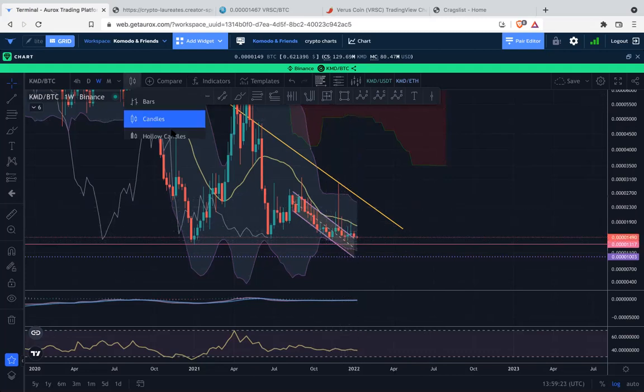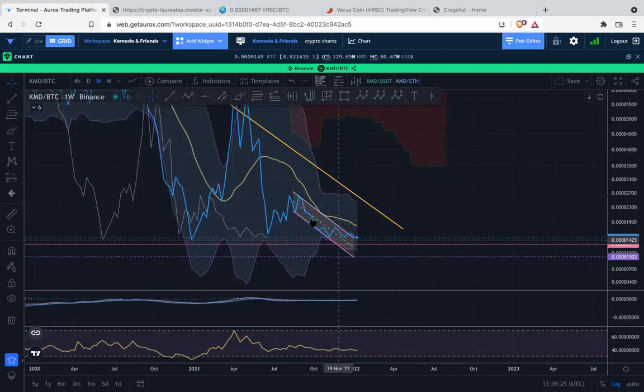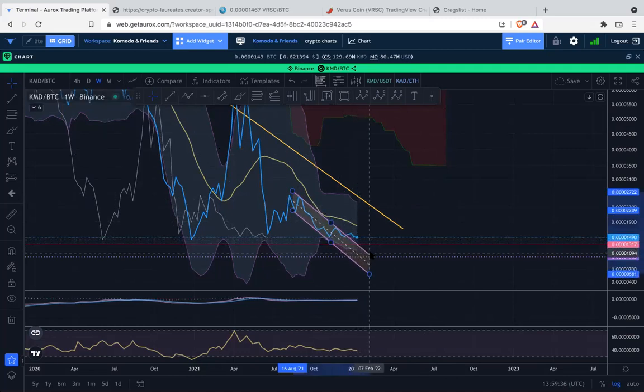Now, one thing that we notice on the KMD price chart is we are starting to exit this downtrending channel. As you saw with the Bitcoin price, the price can definitely come back into the channel. It's not unheard of, but bottom line is we seem to be exiting this local downtrend.